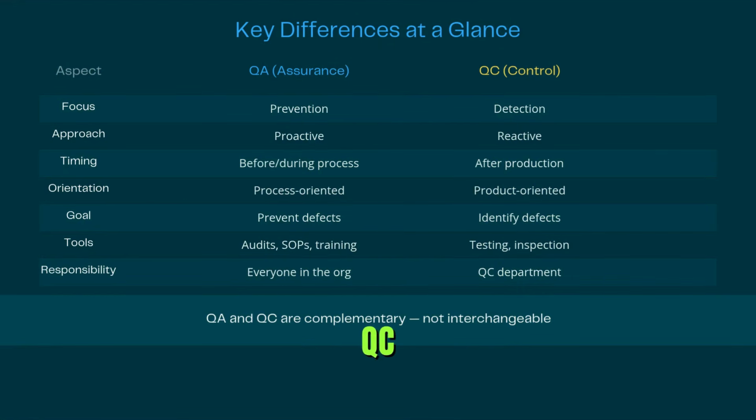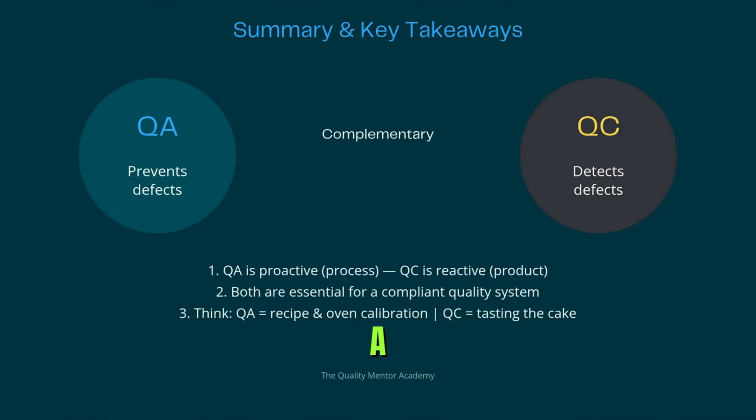So QA and QC are complementary and they are not interchangeable. So, as a summary, just focus on knowing that quality assurance prevents any defects and it is complementary to quality control, which detects the defects.